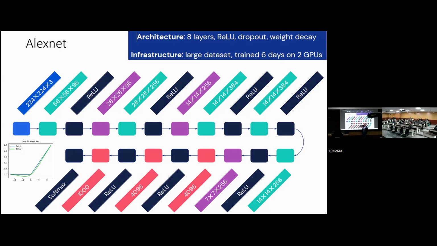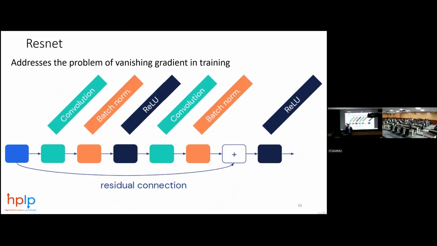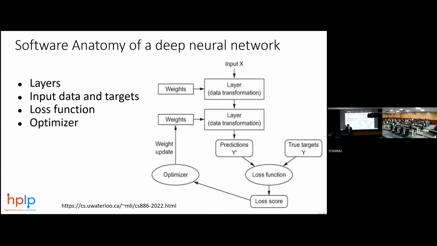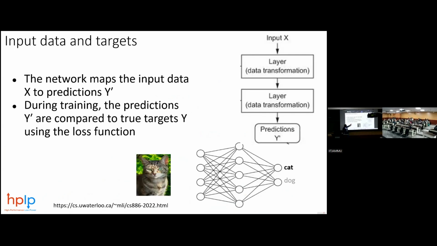So that's one argument. The other argument, I'll get to something that I think is relevant to this. Let me keep going. So this is a little bit how a deep neural network looks like, with the layers, the weights, the optimizer.